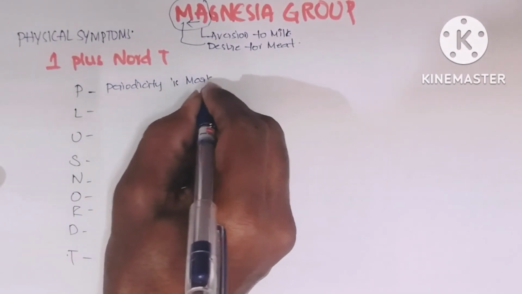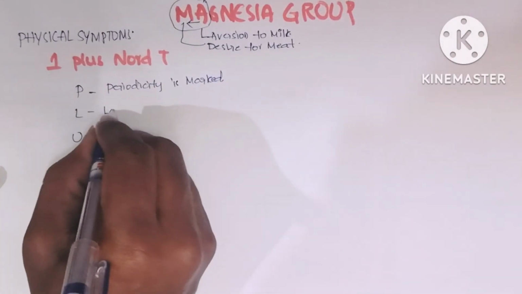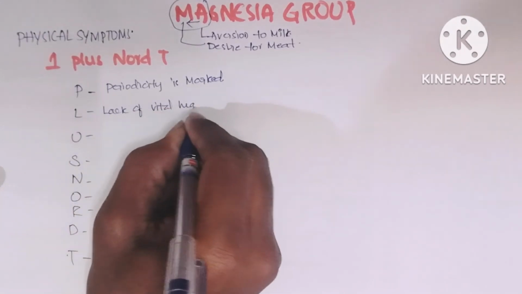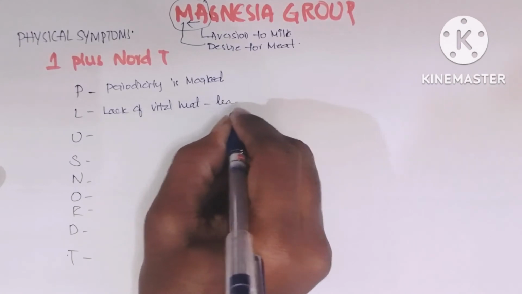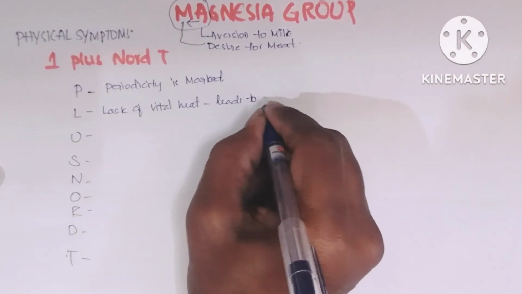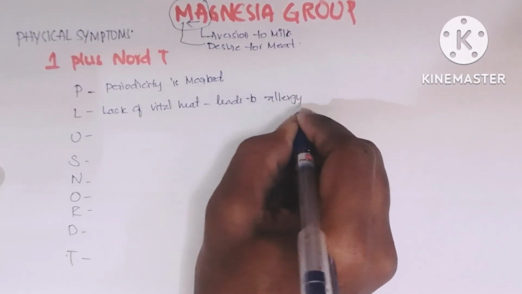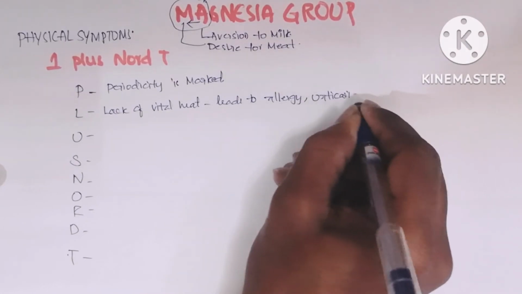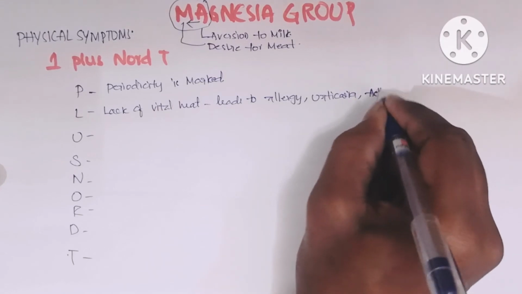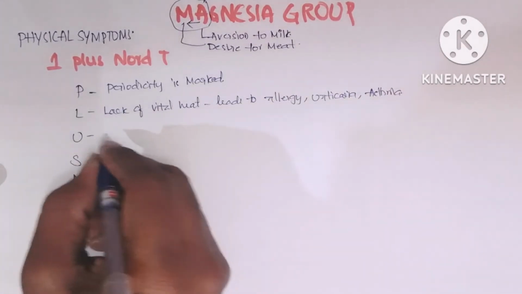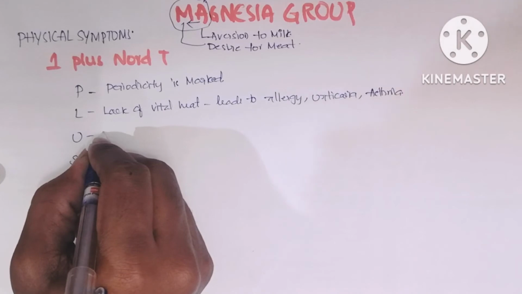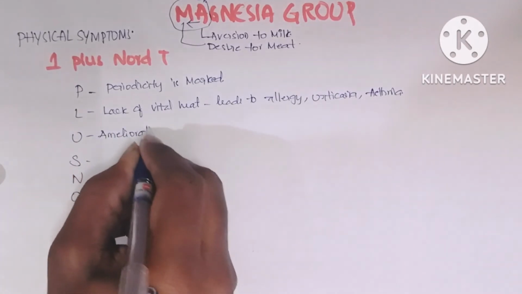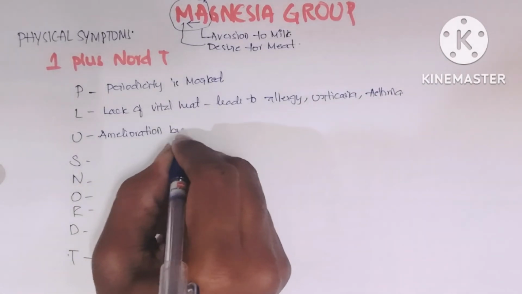P for periodicity is marked in this, and lack of vital heat leads to allergy, urticaria and asthma. And coming to the U, amelioration by walking.